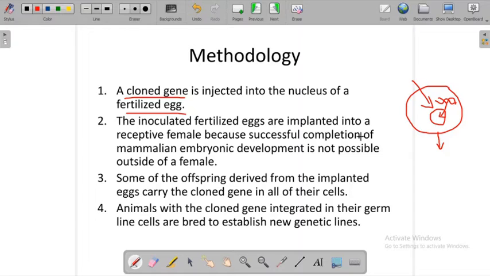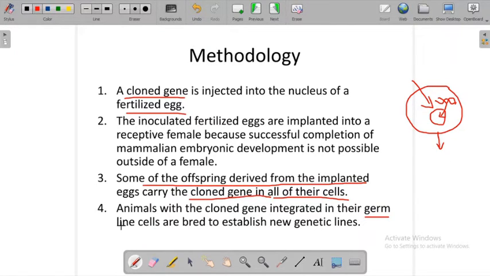This kind of methodology is useful. Some of the offspring derived from these implanted eggs carry the clone gene in all their cells. That kind of lines of animals, we call germ lines.